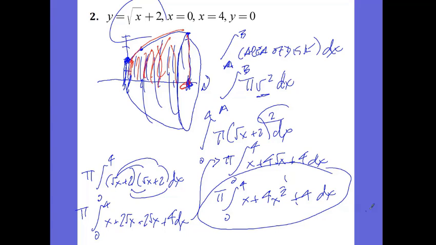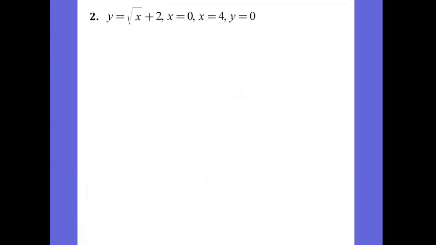Since I run out of space, I'm going to go ahead and clear this out. You can rewind if you need to go back and look at that a little bit more. Okay, so going from 0 to 4, x plus 4, x to the 1/2 plus 4 dx.